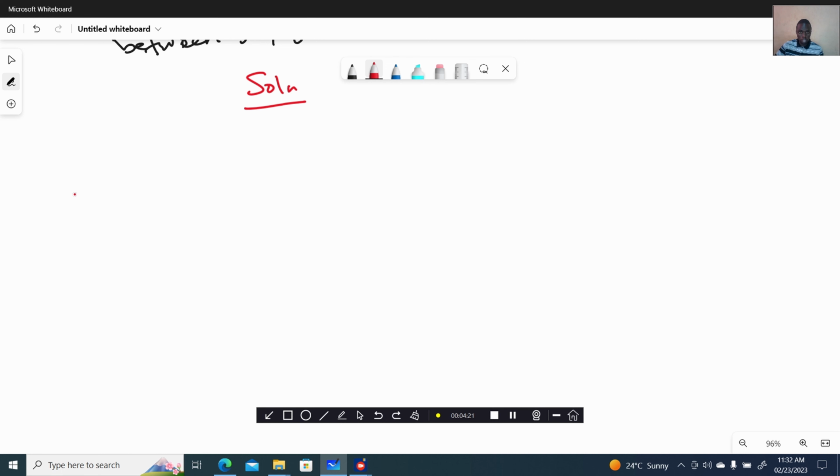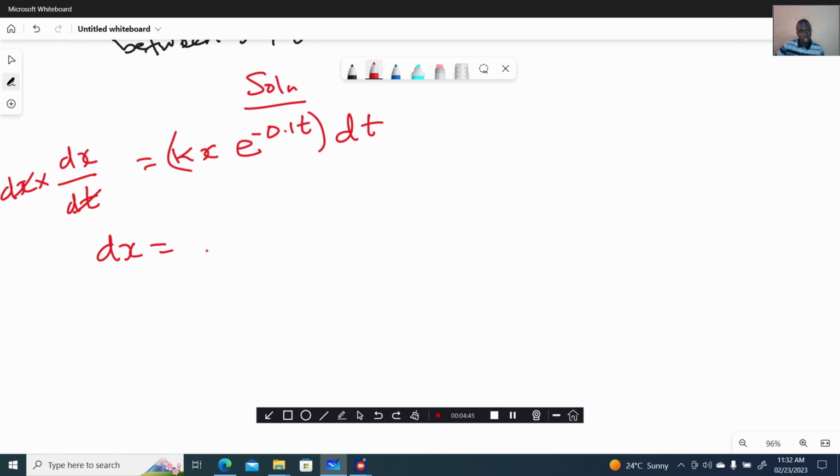So the differential equation is dx over dt equal to kx e to the power of negative 0.1 t. We'll multiply both sides by dt, so the value of dx will be kx e to the power of negative 0.1 t dt. Then you integrate on both sides.